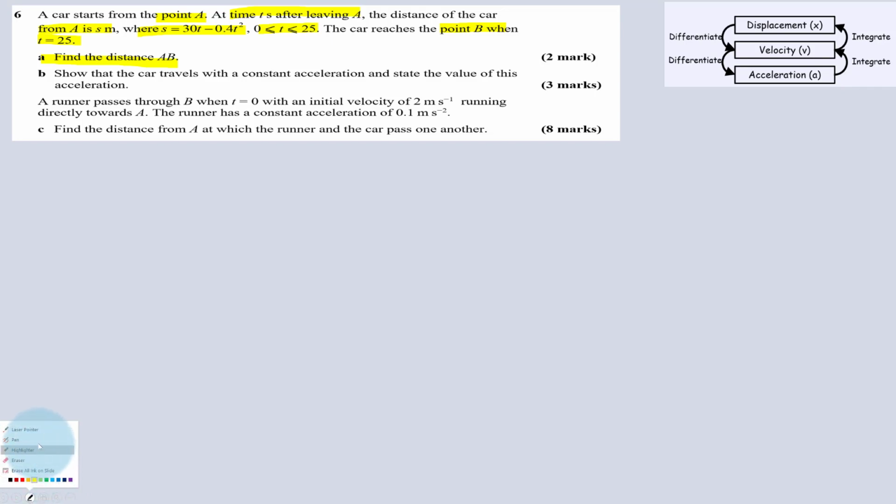We need to make it clear that we're going to be substituting T equals 25 in, right? Do show yourself doing that.